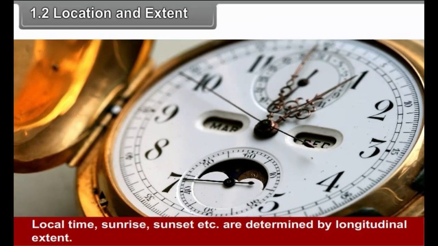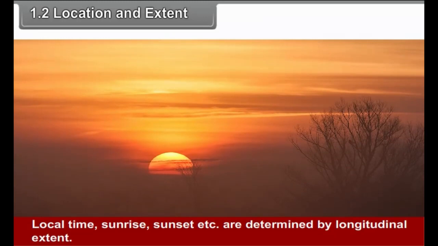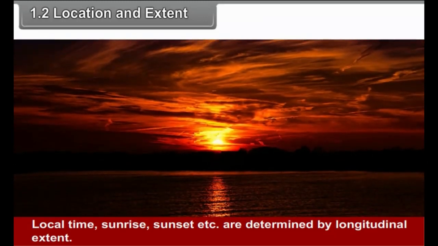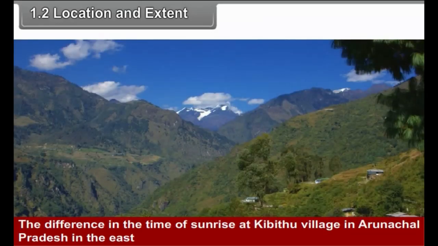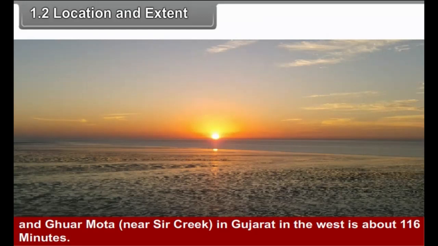Local time, sunrise, sunset, etc. are determined by longitudinal extent. The difference in the time of sunrise at Kibithu in Arunachal Pradesh in the east and Guhar Moti in Gujarat in the west is about 116 minutes.